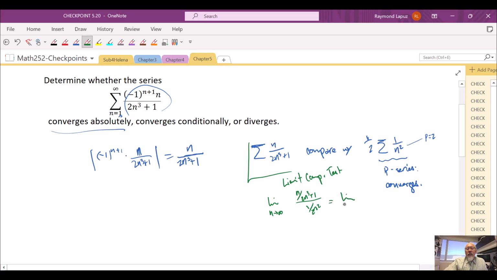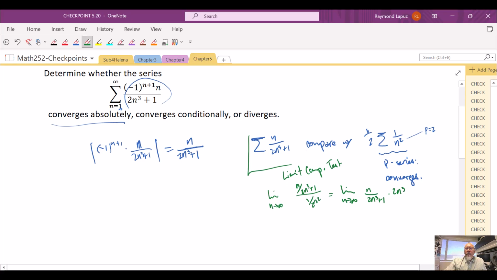We take the limit as n goes to infinity of n divided by 2n cubed plus 1, times 2n squared. This equals the limit as n approaches infinity of 2n cubed divided by 2n cubed plus 1.